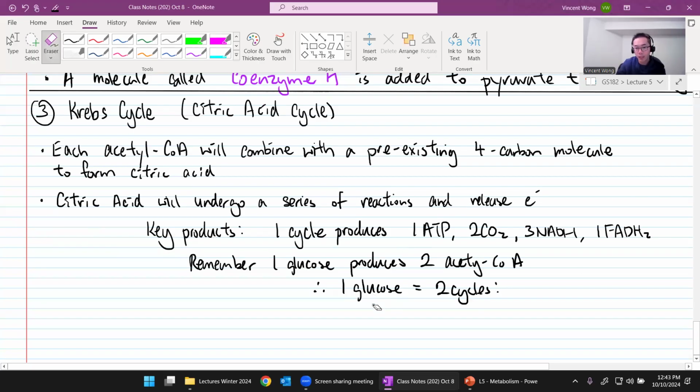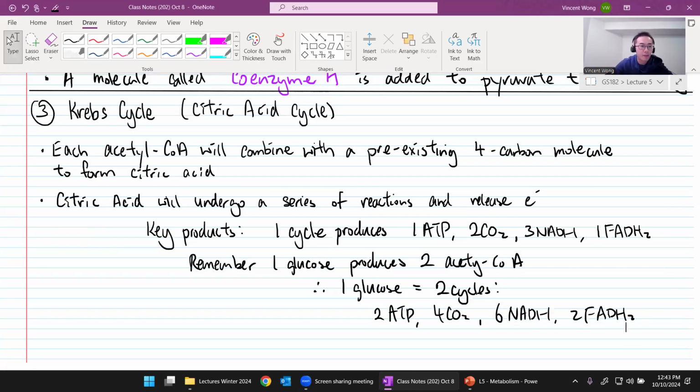So for each glucose, we're going to actually produce 2 ATP, 4 carbon dioxide, 6 NADH, and 2 FADH2. Okay, so that's all very confusing, but copy it down first. We'll draw it out on the summary chart. Hopefully it'll make more sense when we get there. Okay, just copy it down first.